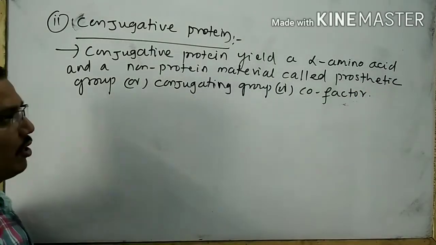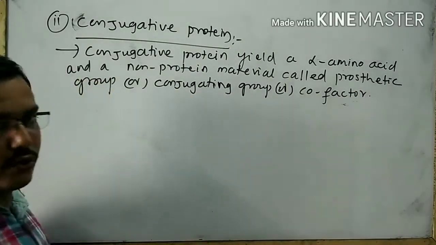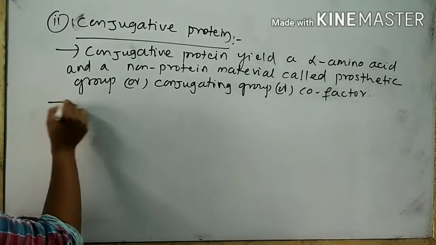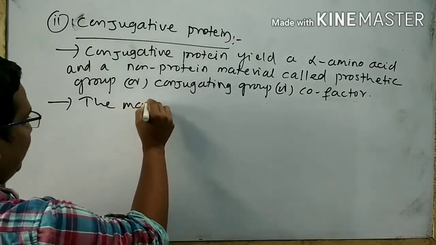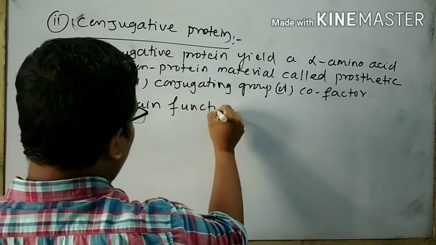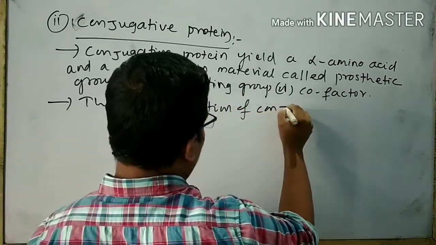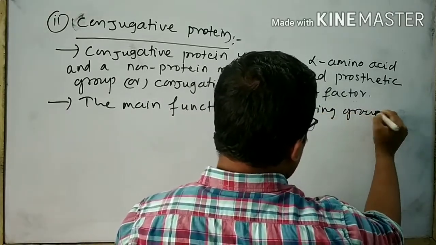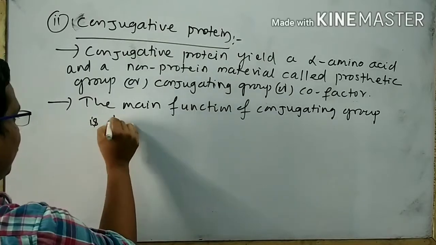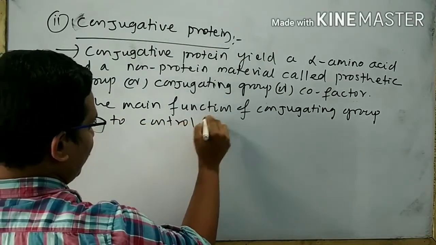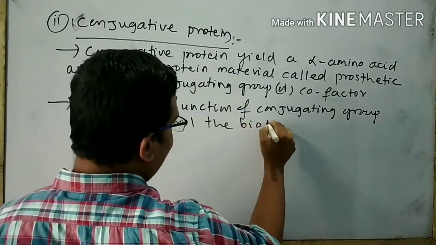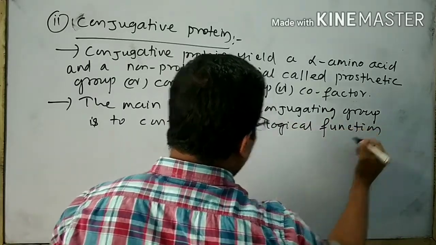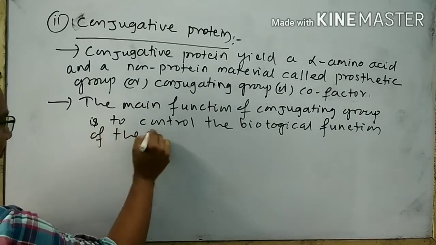The main function of the conjugating group is to control the function of the protein. So we can write the main function of conjugating group is to control the biological function of the protein.